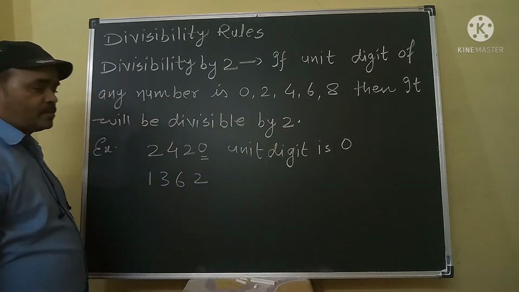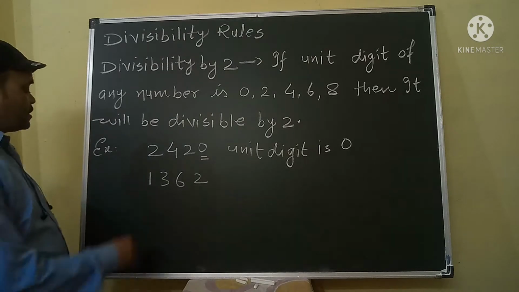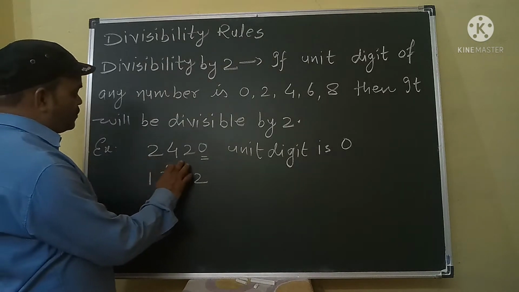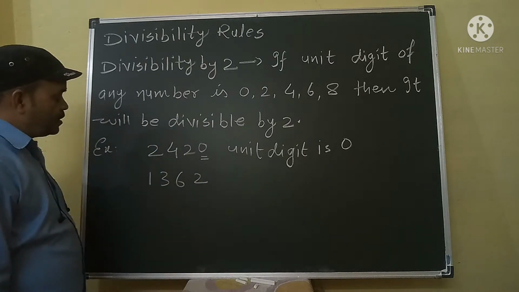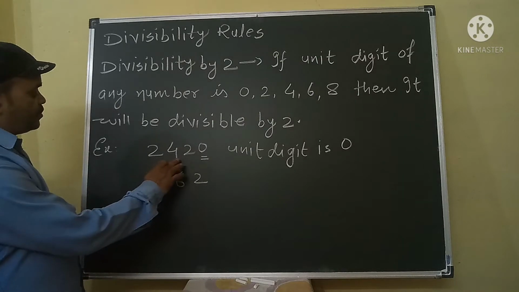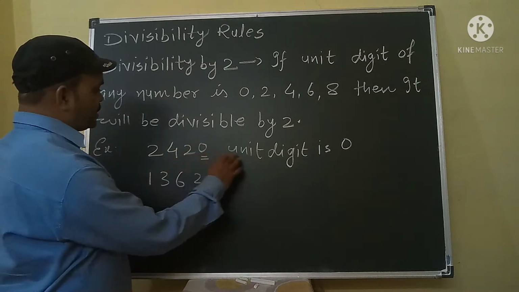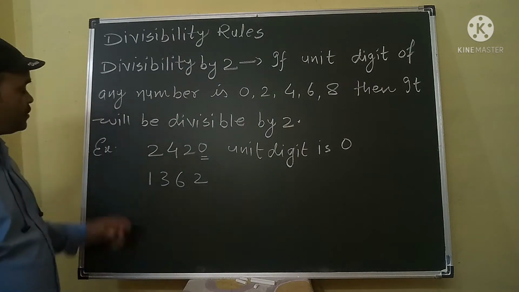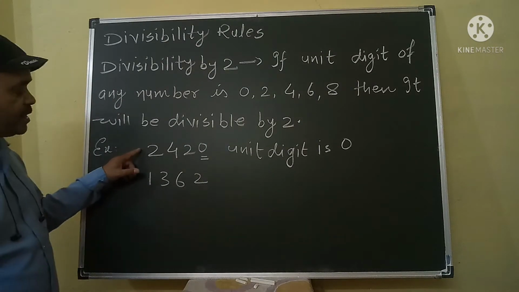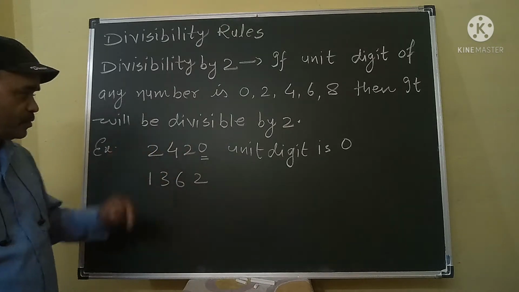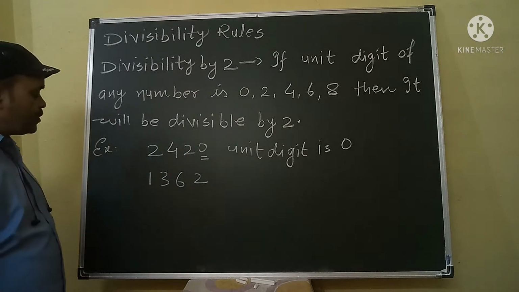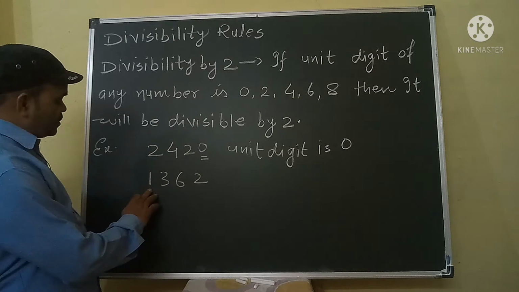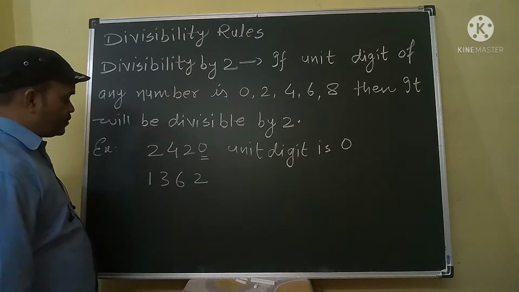For example, suppose this is 2420. In 2420, the unit digit is 0. So 2420 will be divisible by 2. In another example, 1362.